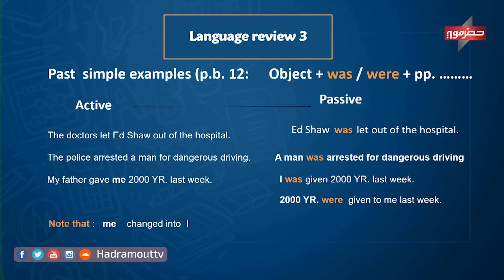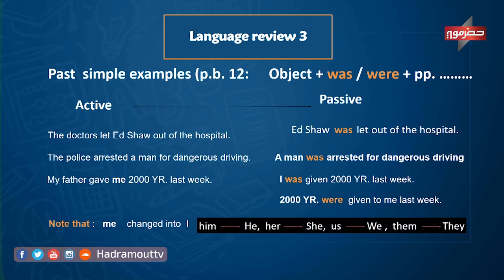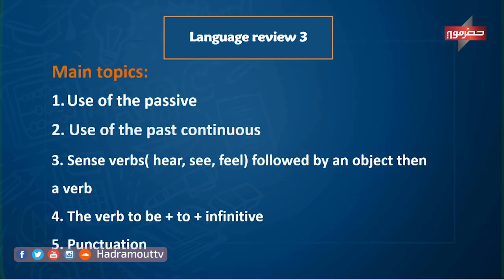All object pronouns must be changed into subject pronouns in passive sentences, like this. Him, it will be he. Her, it will be she. Us, we. Them, they. Okay, that is it.